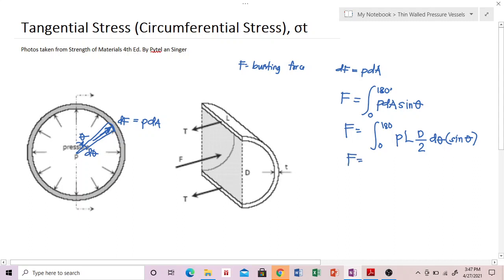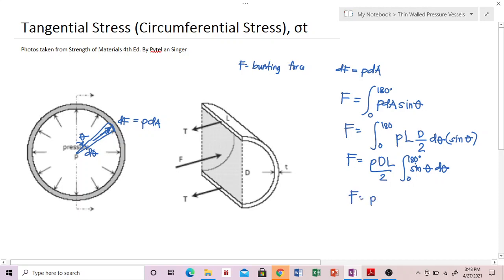Labas na natin yung constant. We have P, D, L over 2 integral of sine theta d theta. Limit is from 0 to 180 degrees. Okay, manipulating the equation class, wala naman tayo sa calculus. So, review nyo na lang, makikita mo dyan that the integral of sine theta d theta is what?